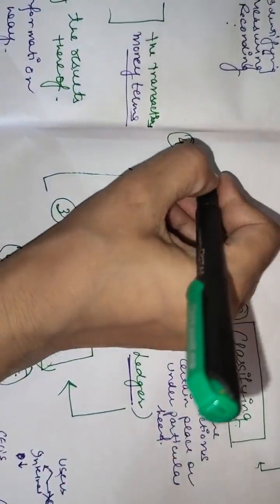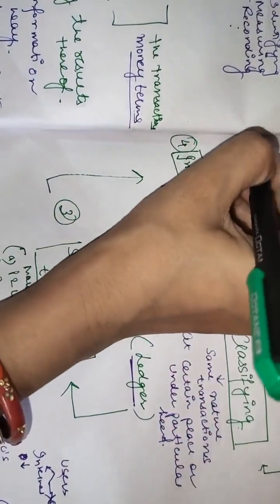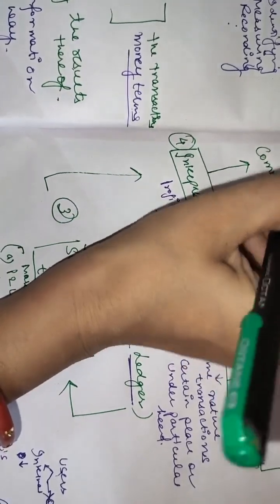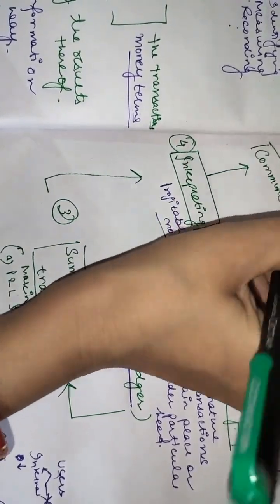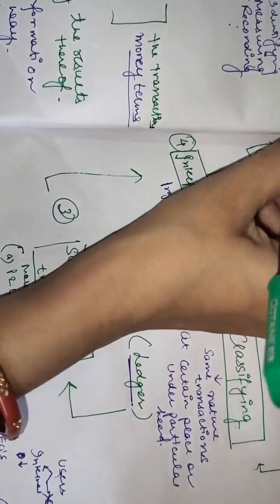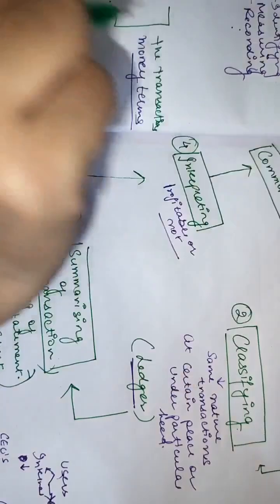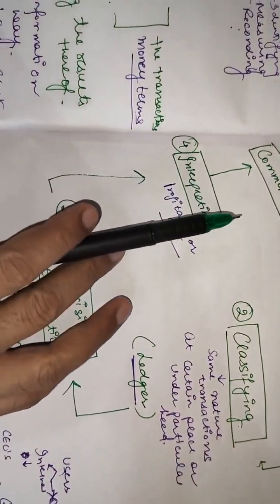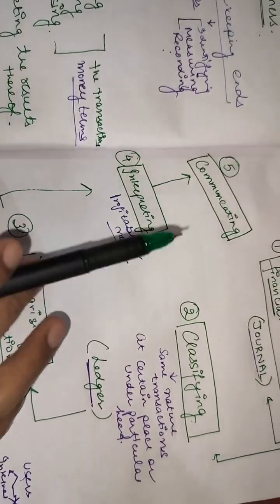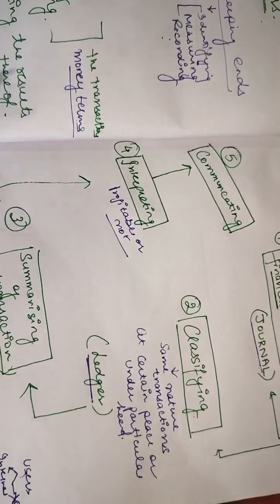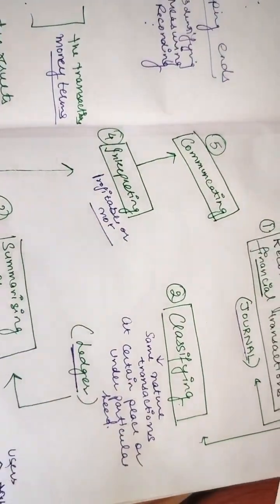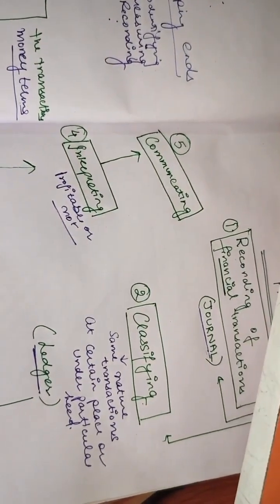So the last one is communicating. Last step in the accounting process is communicating the accounting information. What communicating basically means? Communicating is giving the information to the users of accounting. So accounting process involves 5 steps.